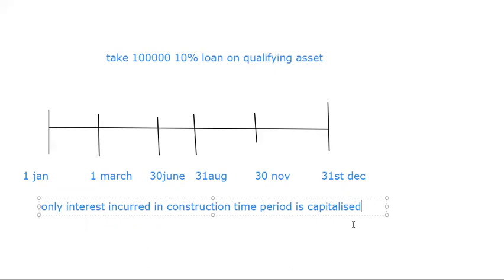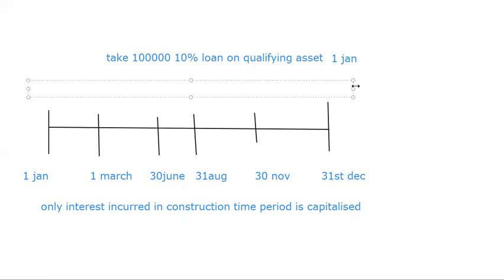Right, now, let's suppose we took a loan on 1st January. Now this is the date we took loan on, right? From 1st of January to 1st of March, no construction, as we were waiting for weather to be fine, right?